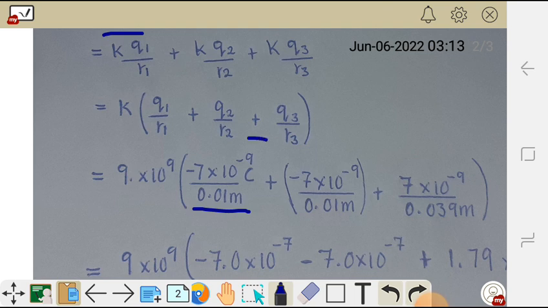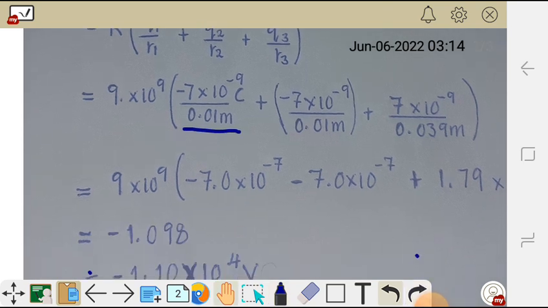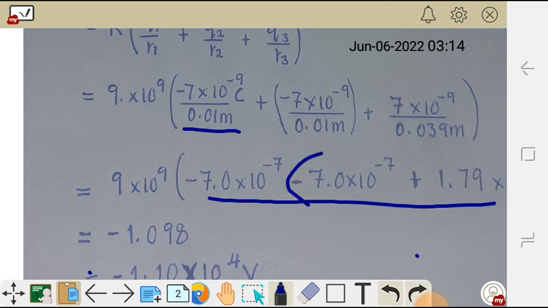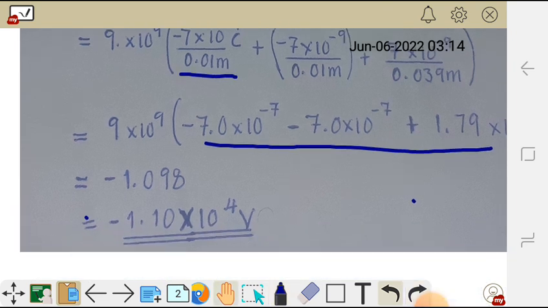Punching this on the calculator, you must get these numbers, where this is positive and these ones are negative because of the negative charges. Multiplying that with K, we find that our voltage will be negative 1.10 times 10 to the power 4 volts.